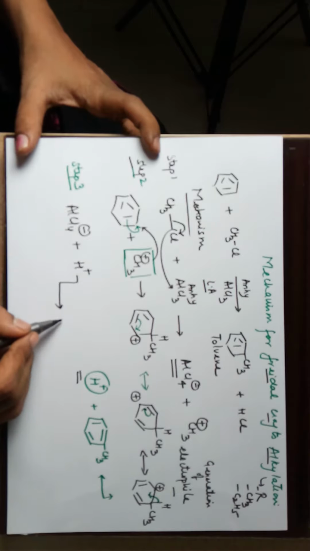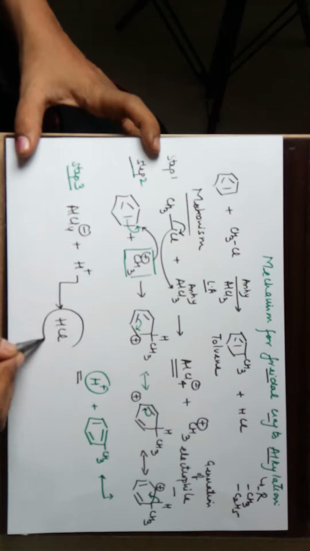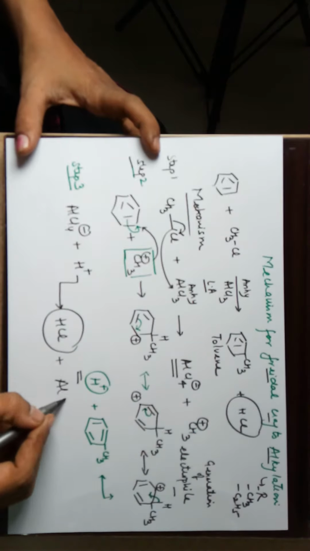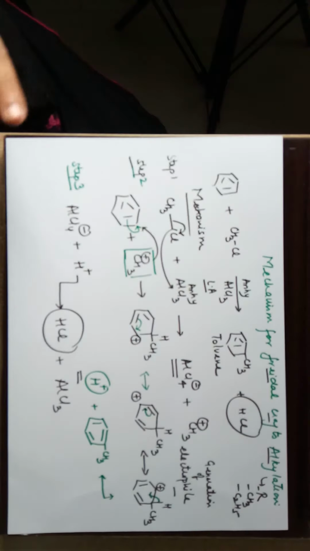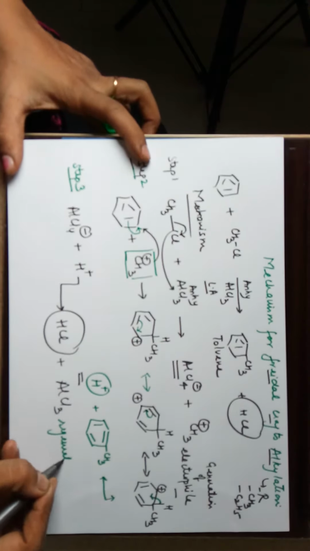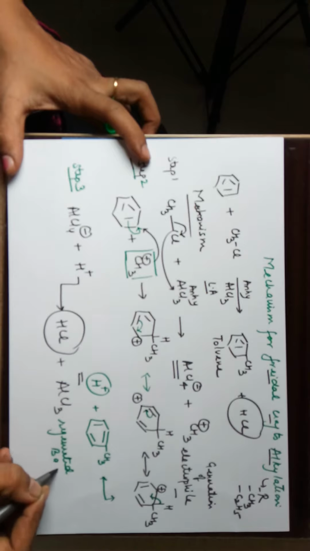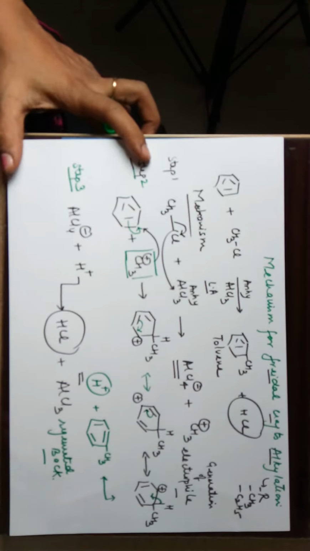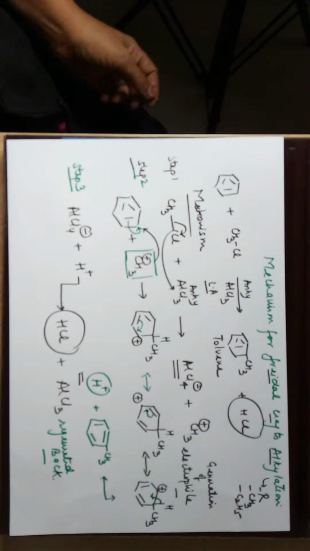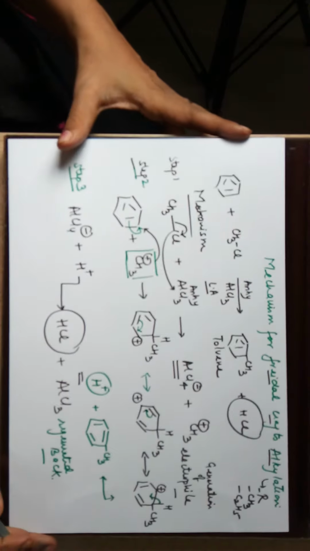These two combine to give you the byproduct required, the HCl, and your AlCl3 was the catalyst in the reaction, so it is regenerated back, as you don't keep adding on the catalyst in the reaction. Once you've added, it is continuously regenerated in the process, so the reaction continues.